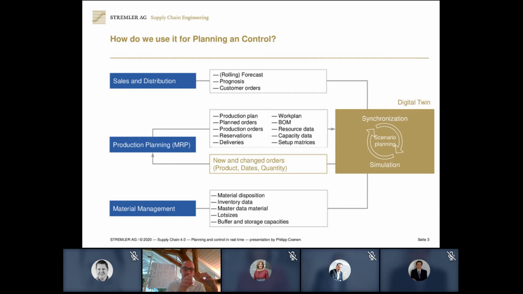The customer says the delivery date is shifted, or a material is not available, or another priority has changed. Then with this setup, you can do scenario planning. What are the capacities that I have? Do I have the material available? What are the consequences on the other steps? You will have them all in your view.